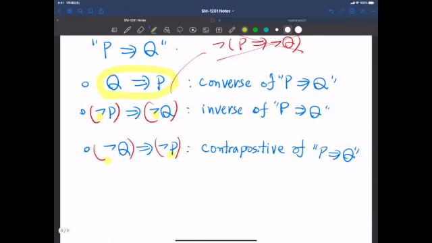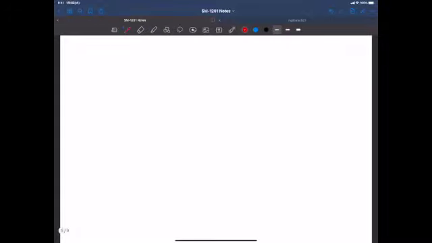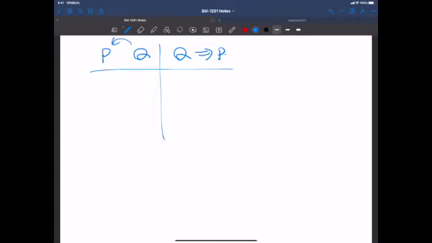Let's try this one first. So what's the truth value of Q implies P? Let's see. P, Q, implies P. So maybe to compare with the original definition, we should swap this one and this one, but let's write. If both are true, if Q is true and P is true, then Q implies P should be true.